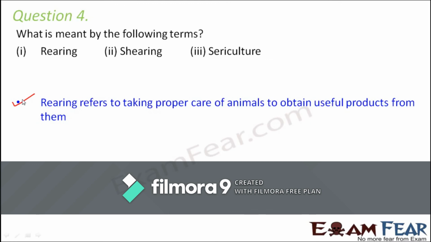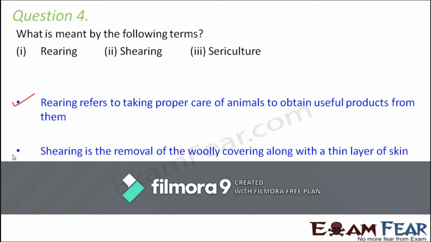Similarly, silkworms provide us silk. So it is important to rear them, to feed them properly, to give them proper temperature, proper humidity, so that they can remain in hygienic condition and lay their eggs properly. So that is called rearing, taking overall care of animals, feeding them properly, maintaining proper hygiene.